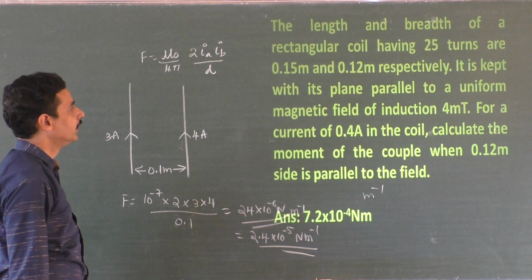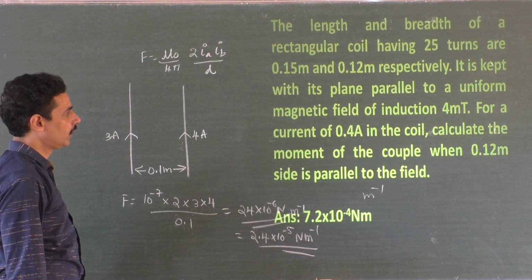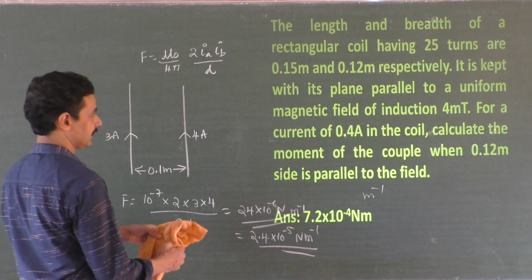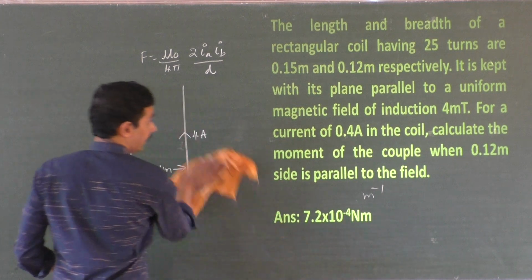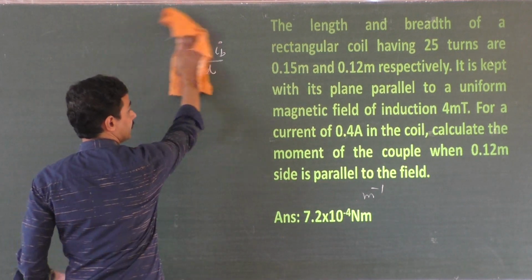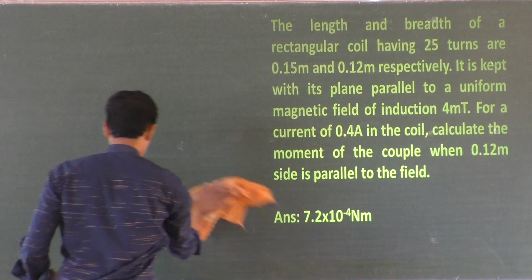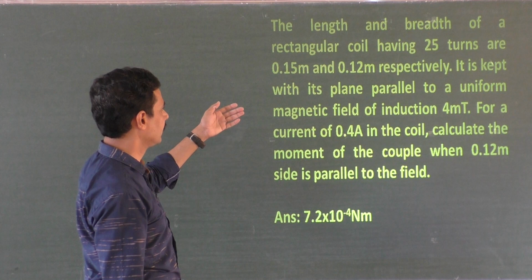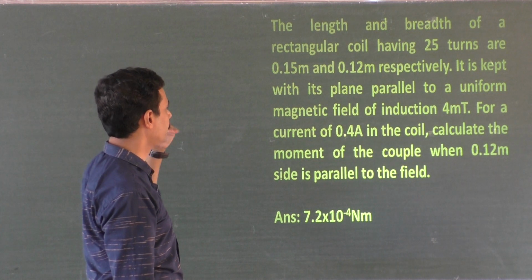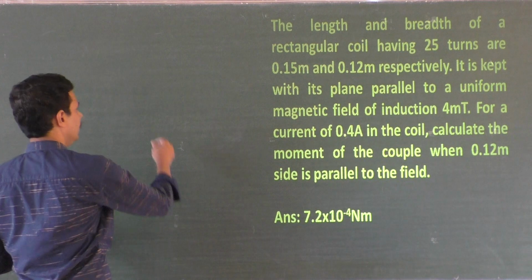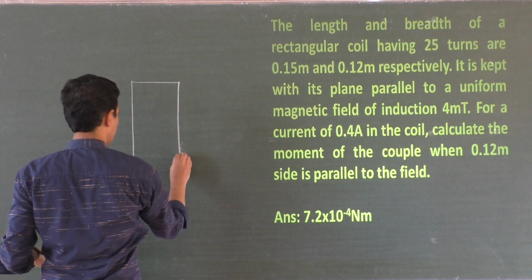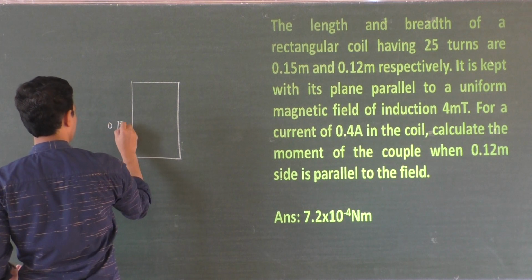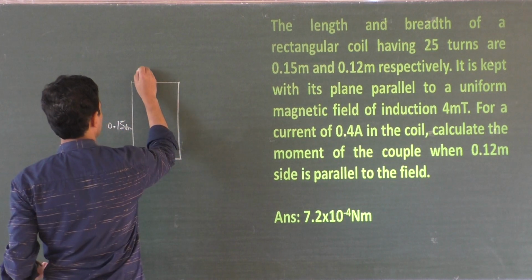The length and breadth of a rectangular coil having 25 turns are 0.15 meters and 0.12 meters respectively. It is kept with its plane parallel to a uniform magnetic field of induction 4 millitesla. We will bring it into diagram form because we have got many data now. This is 0.15 meters and this is 0.12 meters.